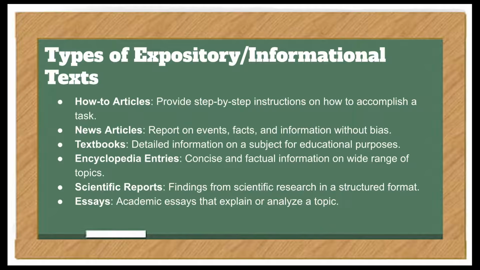Textbooks, which provide detailed information on a subject, encyclopedia entries, and that includes concise and factual information. So Wikipedia might be out as well as Siri. And this should really just be giving your students exposure to a wide range of topics. Scientific reports and essays.